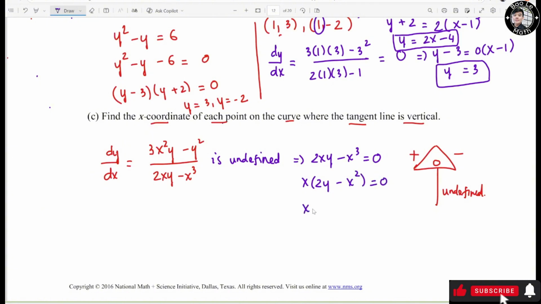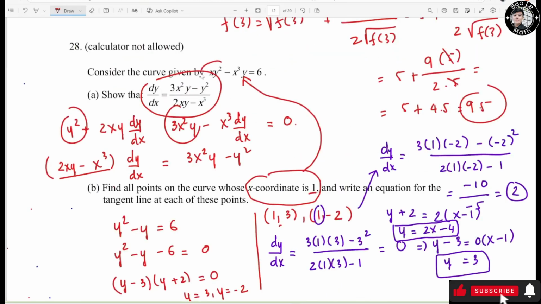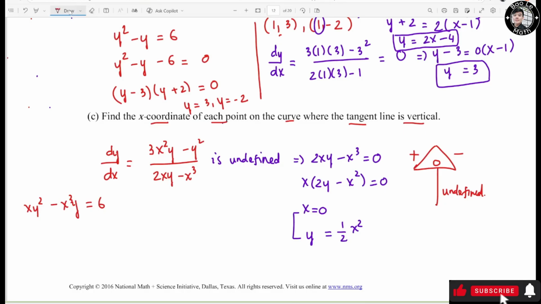So then s equals 0 or y equals 1/2 s squared, right? Copy this equation down. Now we substitute 0 for s into this equation to solve for y, right? So it's going to be 0 equals 6. This one is impossible, right? So you need to conclude that there is no point with the s-coordinate equals 0.